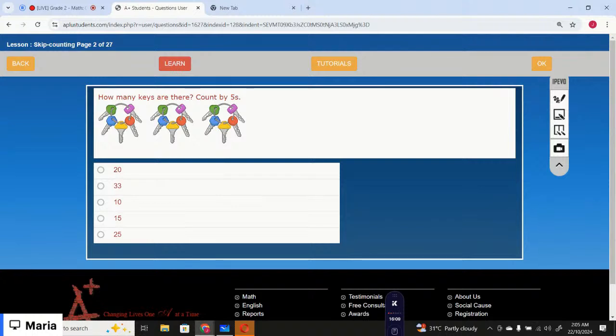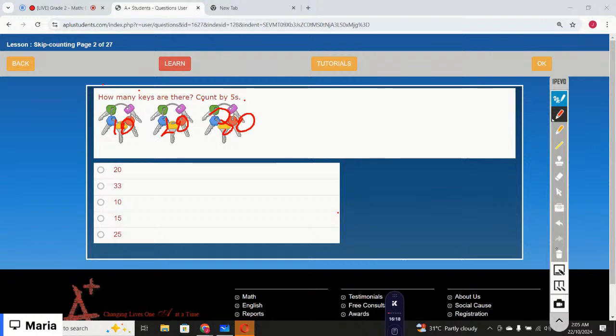How many keys are there? Count by fives. So how do you count by fives? 5, then 5 plus 5. So that would be 10, right? And then 10 plus 5, that would be 15, right?